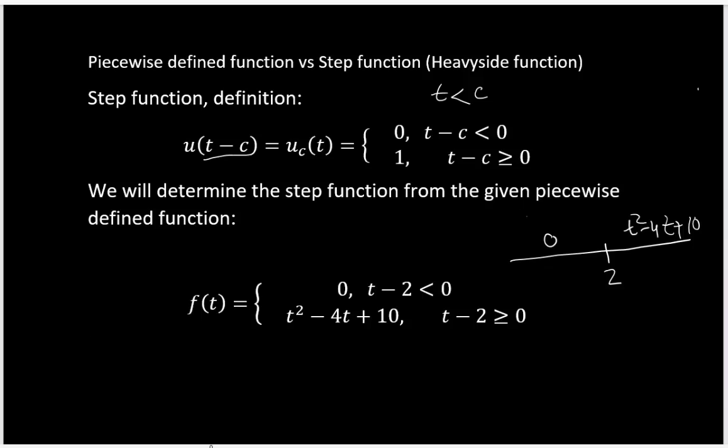So these two you can write as a step function u at t - 2, times the right side function, t² - 4t + 10 minus 0. So you can just get this. So the piecewise defined function f(t) is now converted to a step function very easily.